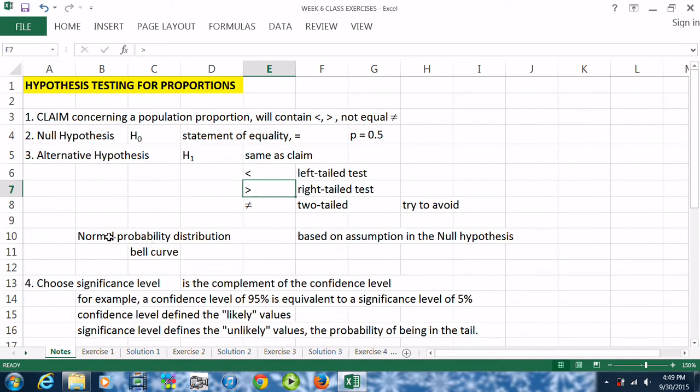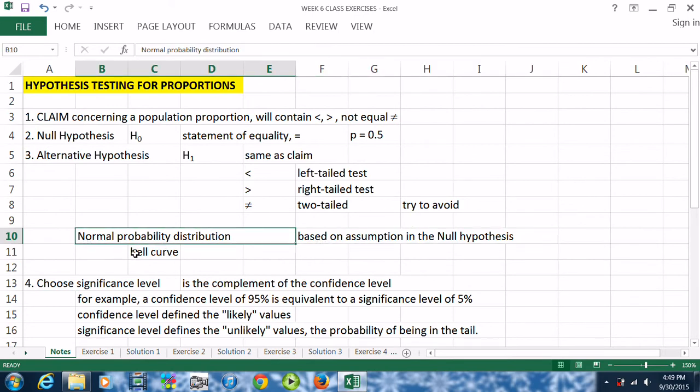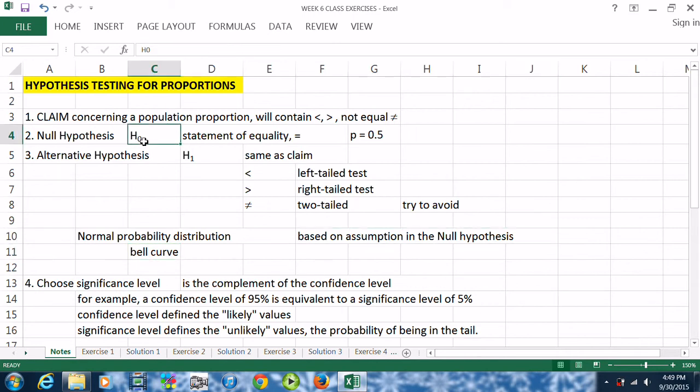Okay, so when we're working with a hypothesis test for proportions, we need to remember that we're working with a normal probability distribution. That is based on the assumption in the null hypothesis. Remember, the normal probability distribution is the bell curve. So we have a bell curve where the mean, or the middle of that curve, comes from the null hypothesis, H0.